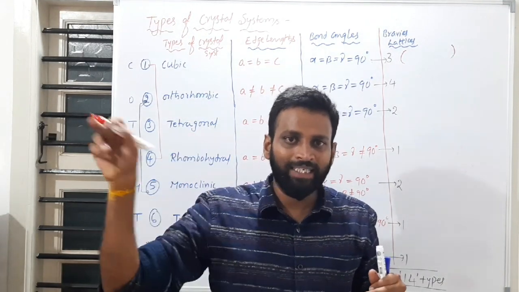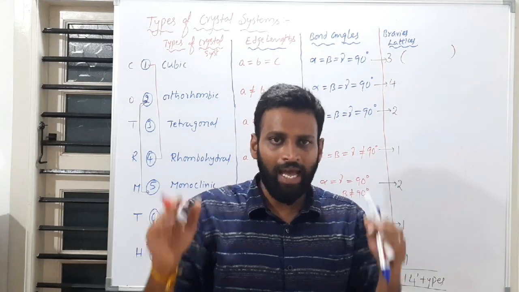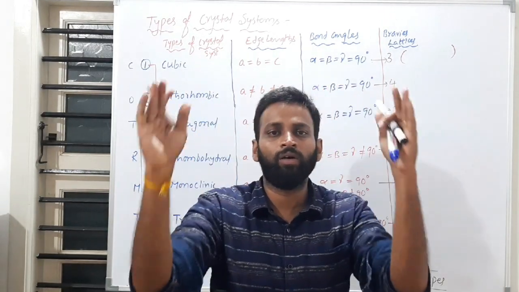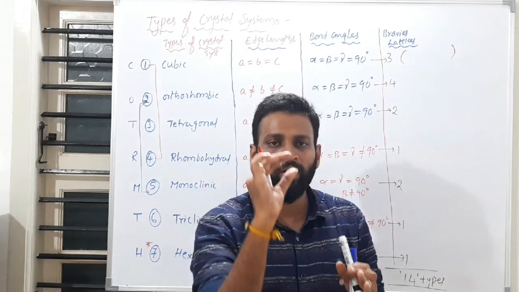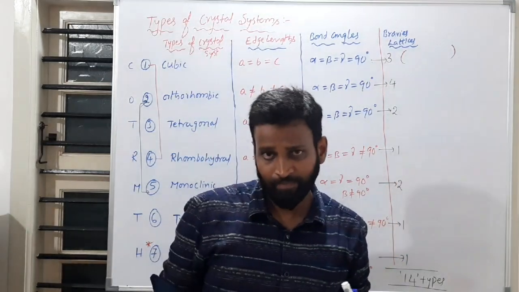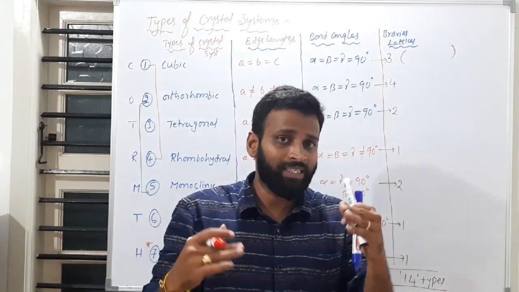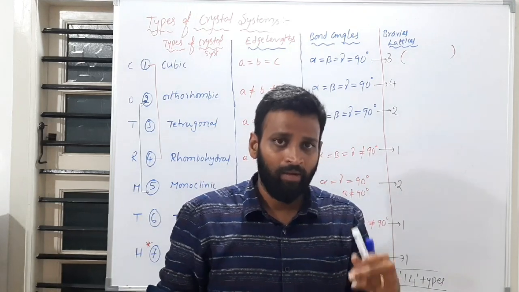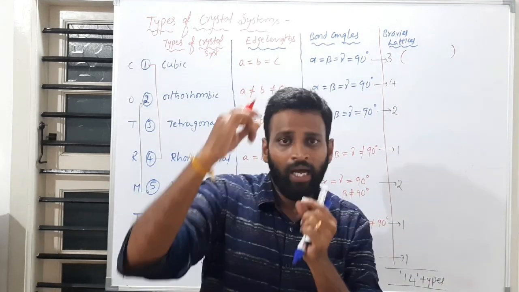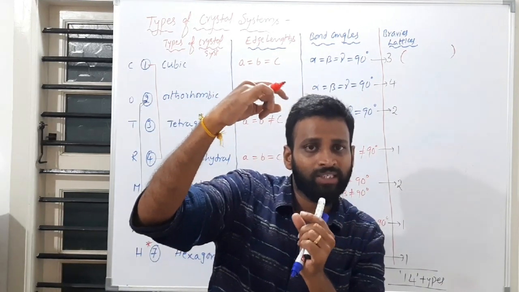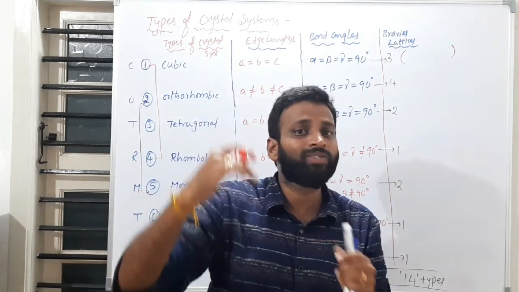One more type, body center, BCC. Atoms or ions present at all corners and one body center, that is BCC. One more type of crystal system is end center, which means all corners and any 2 opposite faces having atoms or ions. That is called end center.